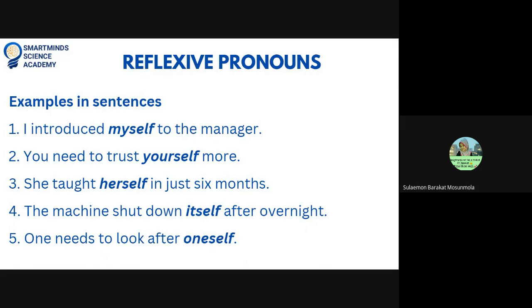The majority of my learners chose a wrong answer, and that is understandable because no one is an island of knowledge. So you might not know that when you use one as a reflexive pronoun, it should take oneself. One needs to look after oneself. If you did not know before, now you know. When you use one, you have to continue using one. And the reflexive pronoun for one is oneself.